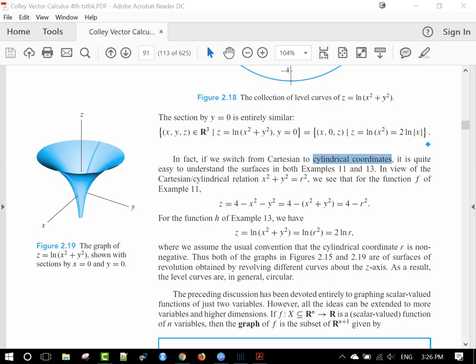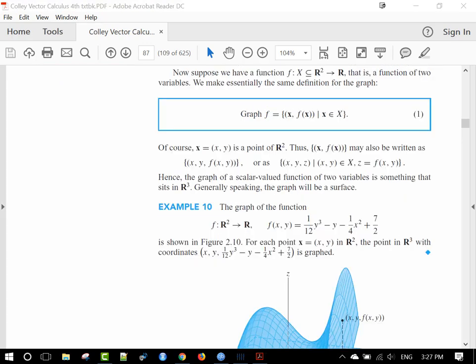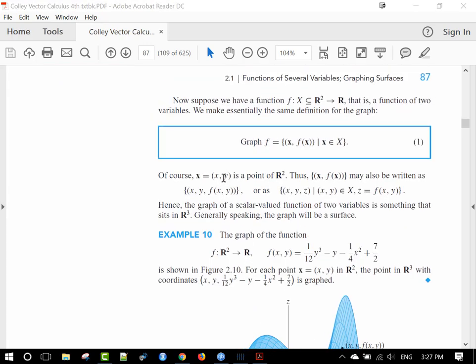Okay, so now we want to define what we mean by the graph of a function from Rn to R. So we've talked about functions from R2 to R and what we mean by the graph. If we go back and look at that, this was the definition. Before we talked about contour curves and level curves, we said that the graph, for R2, was x comma f of x.